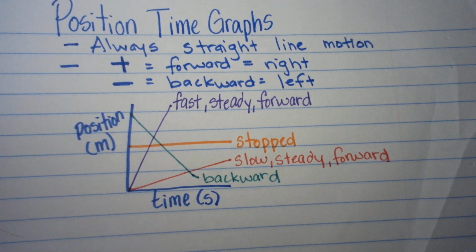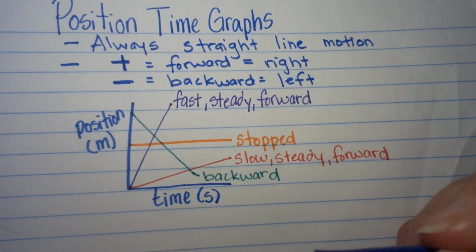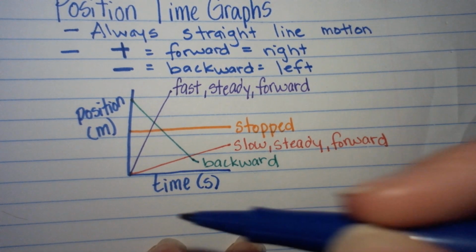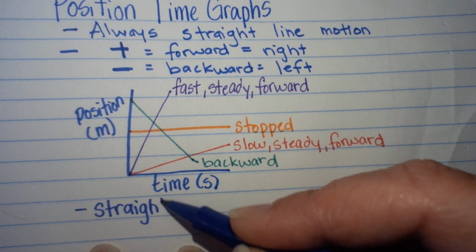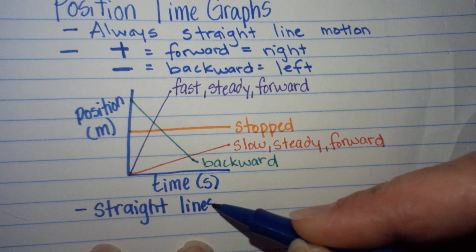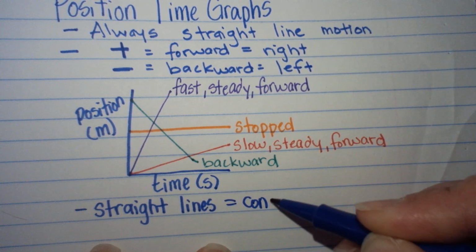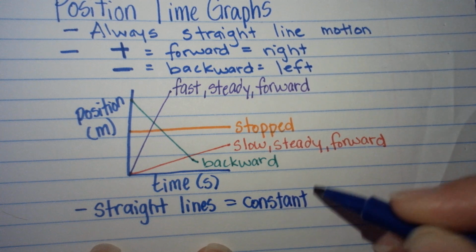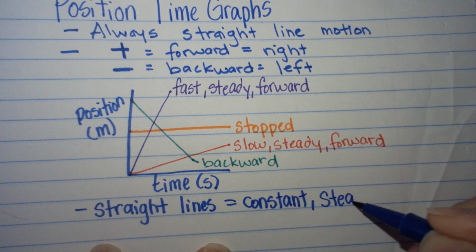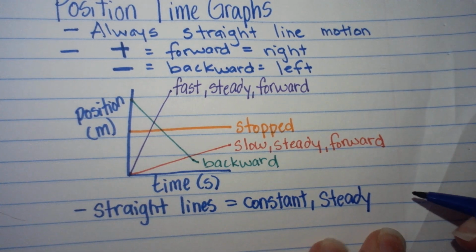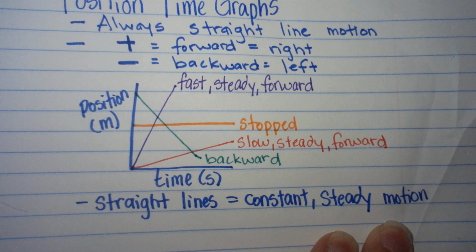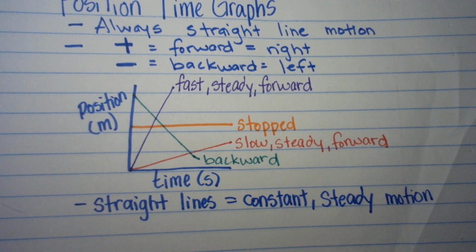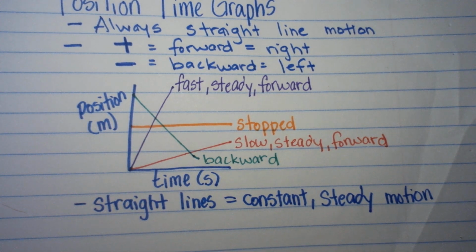Okay. So a couple of things to make note of. Straight lines are steady or constant velocity. So straight lines are constant or steady motion or velocity. It's a little bit of foreshadowing in there.